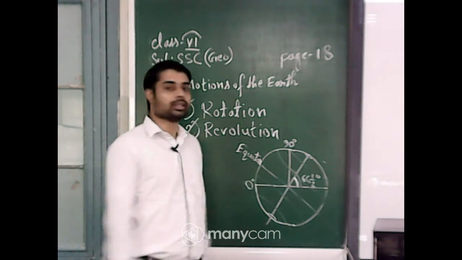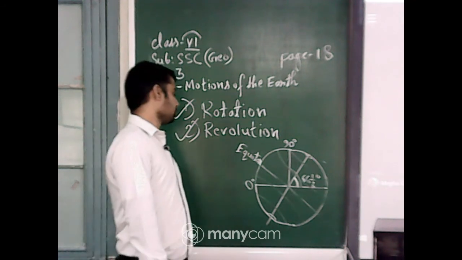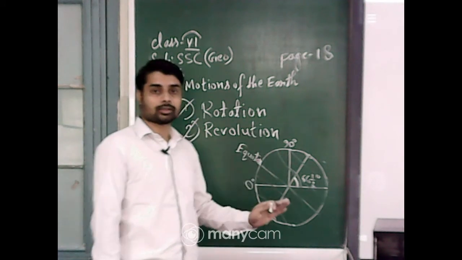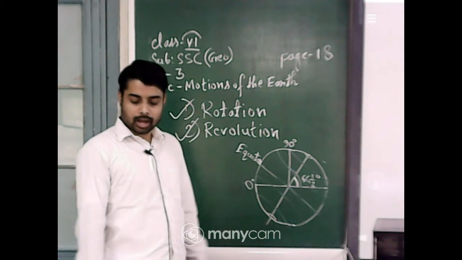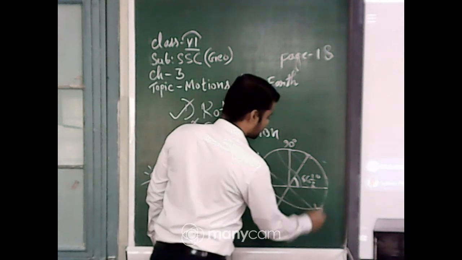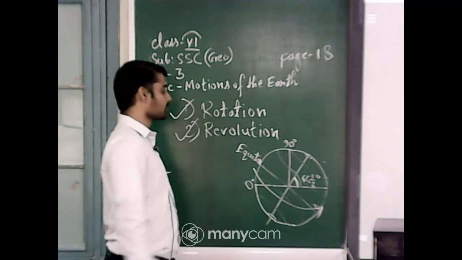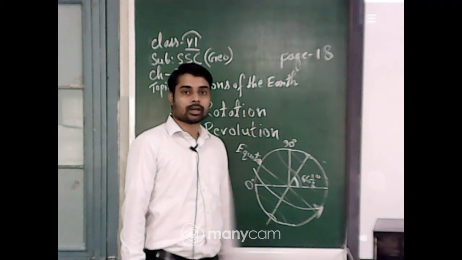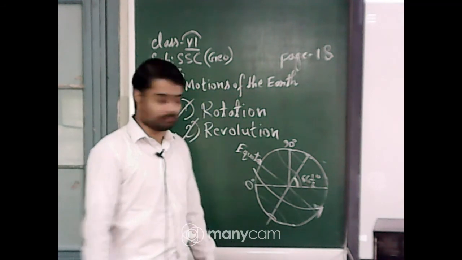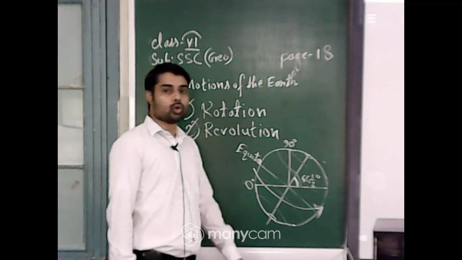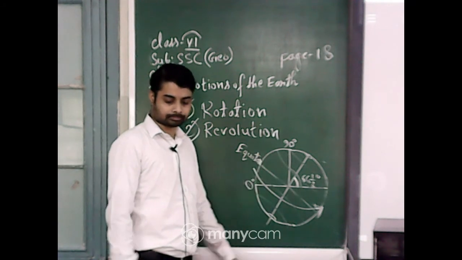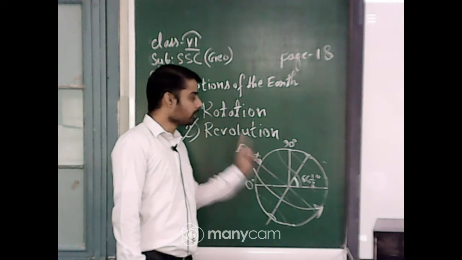The axis is an imaginary line on which the earth moves, and when the earth moves on its axis from west to east, this movement is called rotation. The earth takes 24 hours to complete one rotation on its axis.